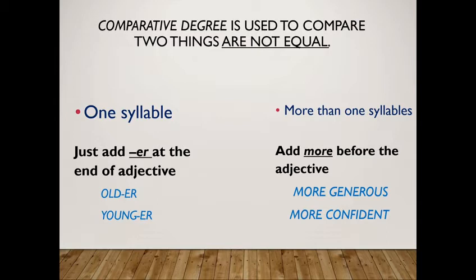And if the word is more than one syllable, you only add more before the adjective. The examples like generous, because they are 3 syllables, you must use more in front of the word: more generous. Confident, they are 3 syllables, so you just add more before the word: more confident. Okay?